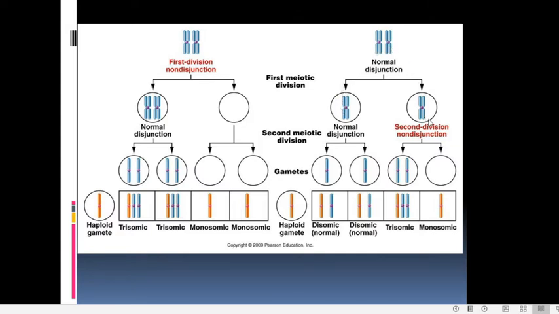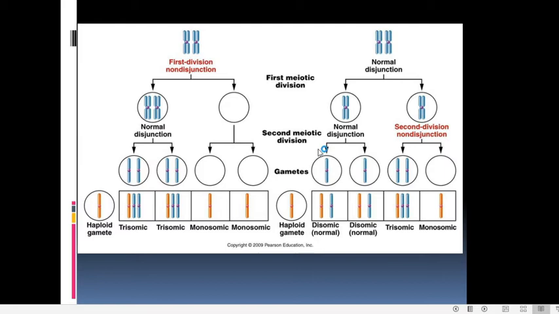Now we go to a second condition. This is the second division in meiosis, which is like mitosis, where each daughter cell which we got from the first meiotic division will divide into 2 daughter cells during the second meiotic division. And when they divide into 2 daughter cells, the 2 chromatids of this particular chromosome will separate and come to each daughter cell.